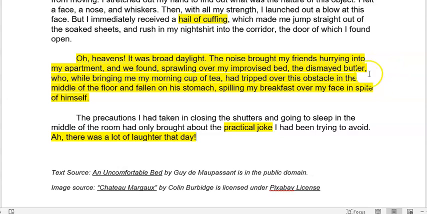And the butler, bringing in the breakfast, had tripped over and fallen over this bed that he had pulled into the middle of the room. And so lots of laughter that day because he actually pulled a practical joke or a prank on himself. Not on purpose, but I'm sure his friends thought that was very, very funny that all of that had happened and they didn't even do anything to him.